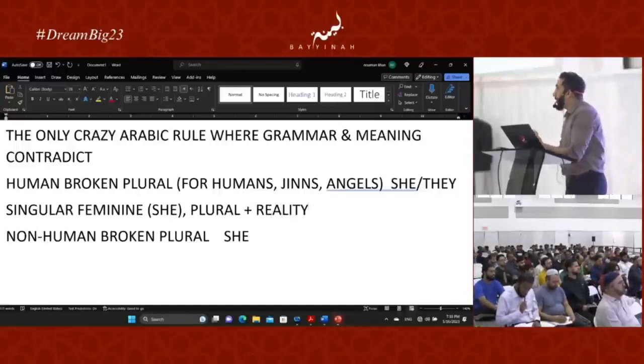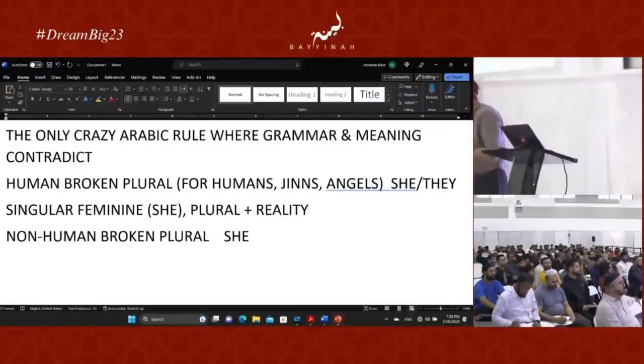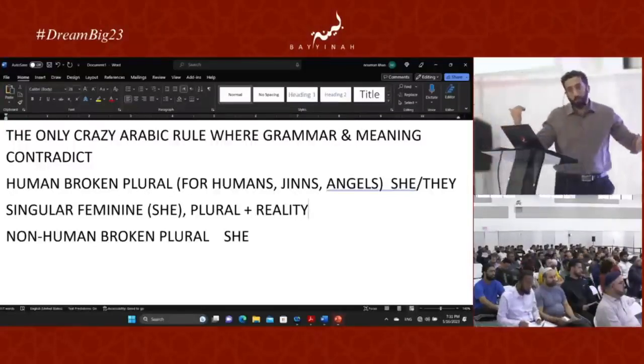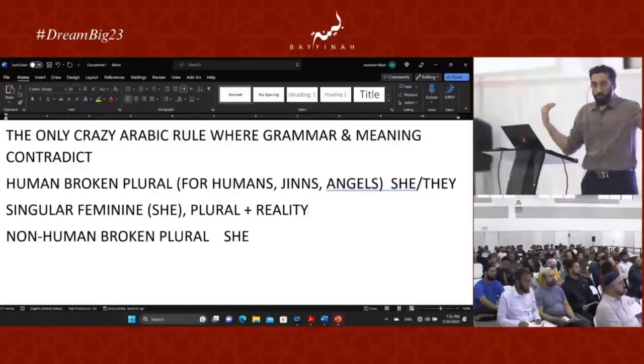What do I mean by reality? If it's a broken plural for women, it's going to be plural feminine. If it's a broken plural for men, it's going to be plural masculine. So reality means, what are we talking about? If it's going to be angels, which one's it going to be? Masculine. If it's going to be prophets, what's it going to be? Masculine. If it's going to be believing women, what's it going to be? Feminine. That's what I mean.